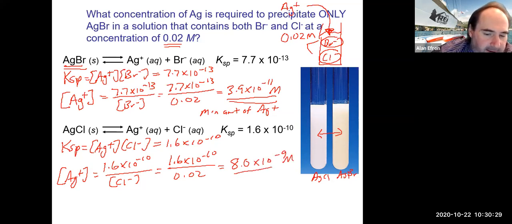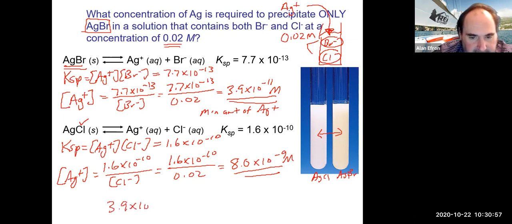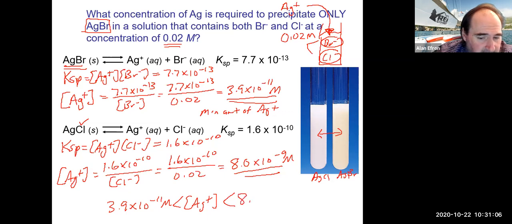What that number represents is the minimum amount of silver that's needed to start to see silver chloride come out. Those two numbers are really important in this sort of question, because we want to take out just the silver bromide. So we do need to get the concentration of silver above 3.9 times 10 to the minus 11, but we need to keep the silver concentration below 8 times 10 to the minus 9 molar.